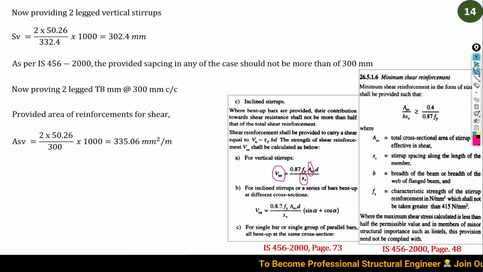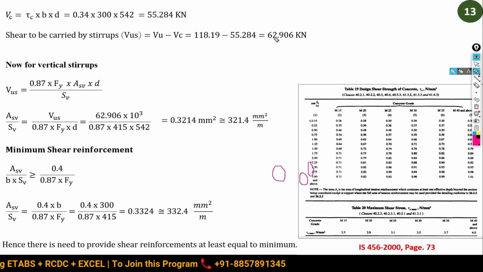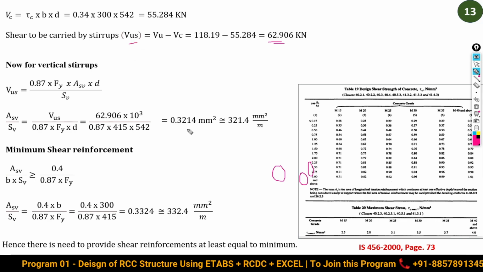I am going to use this formula for calculating the shear reinforcement. So 0.87 Fy ASV into D divided by SV. Put all the values here, especially the shear to be resisted by steel.